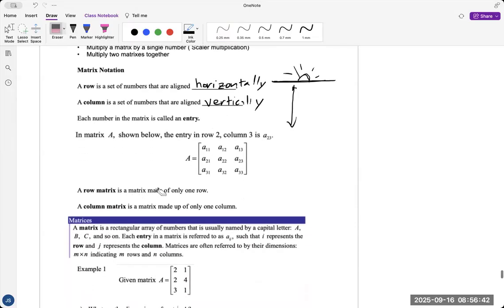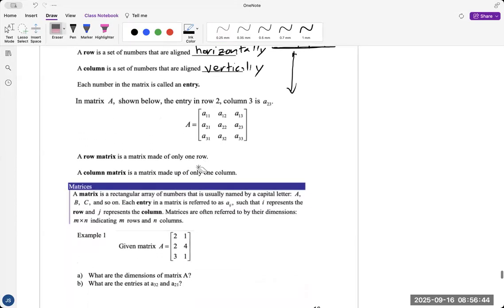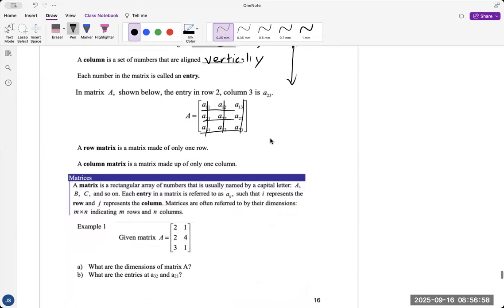A row matrix is a matrix made up of just one row. This matrix above is made up of three rows and three columns, one, two, three, and one, two, three. But a matrix that's just a single row, and it could be longer, but I just made three in it, is called a row matrix.